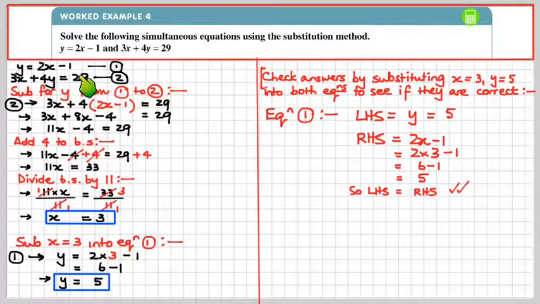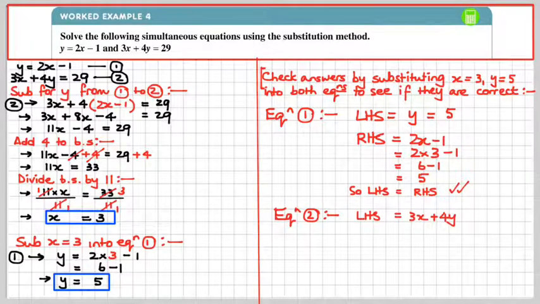Now we've got to see whether this rule also works for when x is 3 and y is 5. And if it does, we're laughing because we know that it works simultaneously in both rules. Okay, so equation 2, left-hand side was 3x plus 4y. Put in the values, x is 3 and y is 5, and we get 29. And what was the right-hand side?